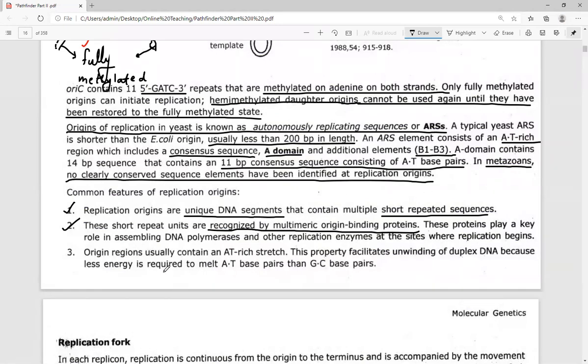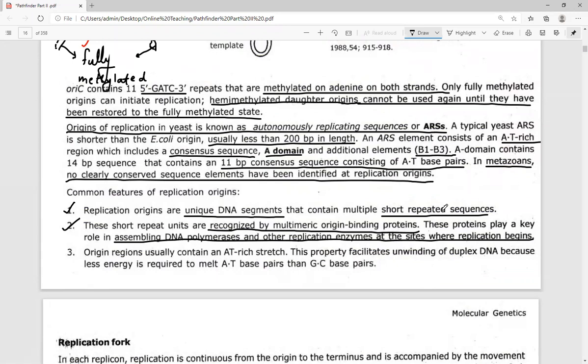They play a key role in assembling DNA polymerases and other replicating enzymes at the site where replication is going to begin.